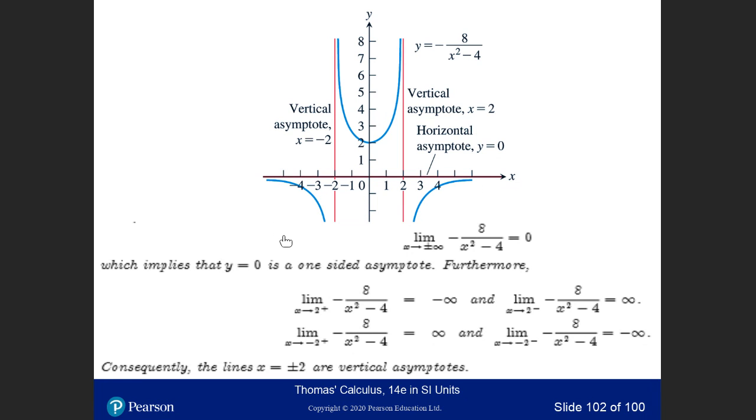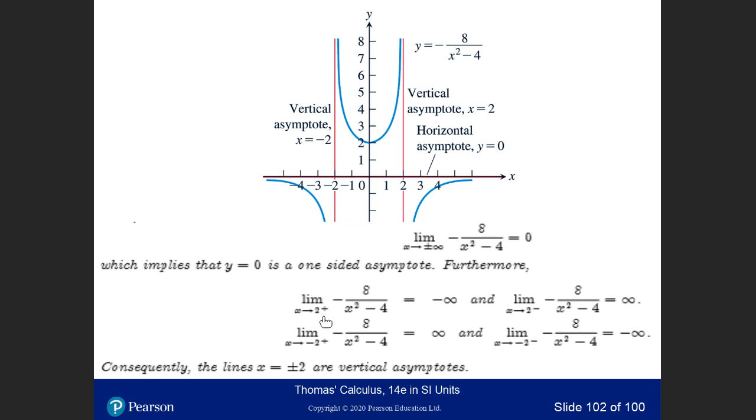because that's a small number as x goes to infinity, but it's a negative number. As x goes to minus infinity, that's a small number, but a negative small number. So I'm below these lines. Okay, this is shown here.